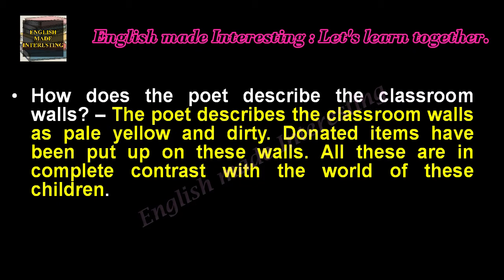How does the poet describe the classroom walls? The poet describes the classroom walls as pale yellow and dirty. Donated items have been put up on these walls. All these are in complete contrast with the world of these children.